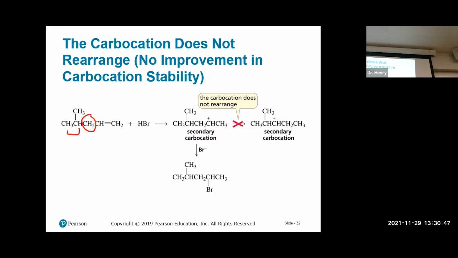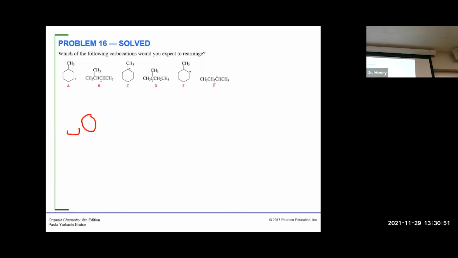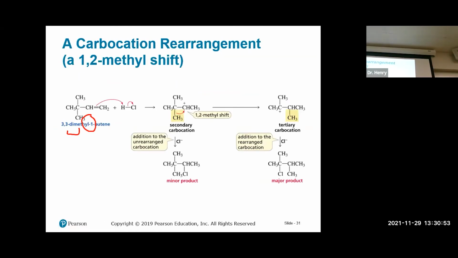If we go back to the last one, the tertiary carbon here is directly adjacent to the double bond. In other words, we don't have that saturated carbon in between.